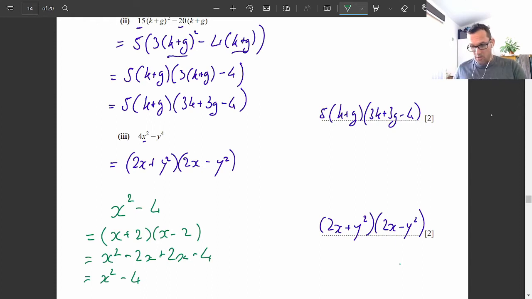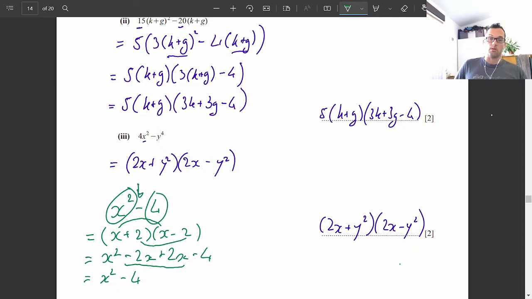Because when expanding, the first term times the first term gives x squared, the last term times the last term gives the term squared, and the positive and negative makes a negative. And because we have a positive and a negative, minus 2x plus 2x eliminate each other, and the middle term falls away. It only works if you have two square numbers and a negative. So that's what you need to look for.